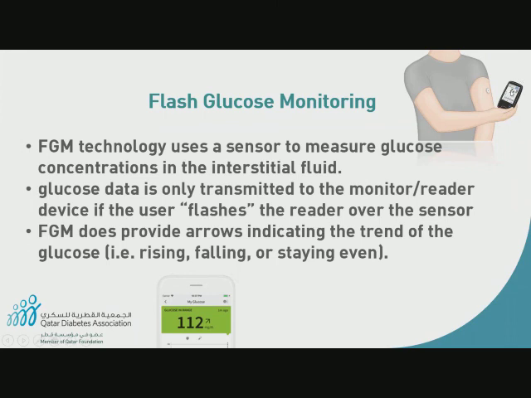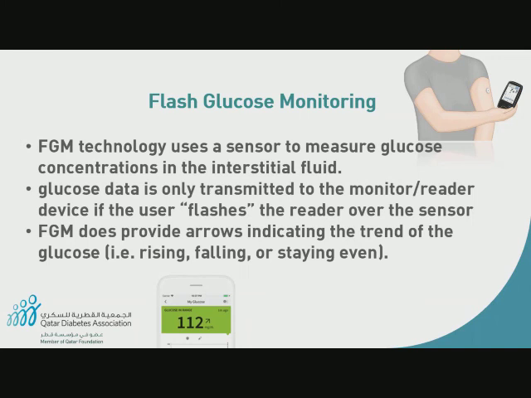When you scan the sensor with the reader, or move it close to the sensor, it gives you the result. Usually the sensor reads from the interstitial fluid, the fluid between the cells, and it can read the level of glucose accurately, so you can rely on that reading.